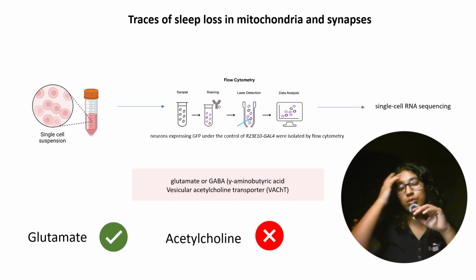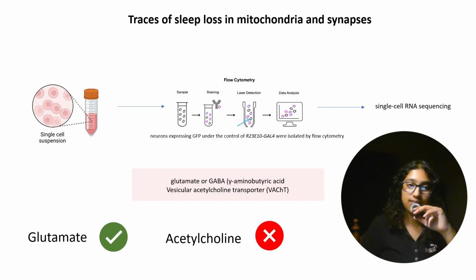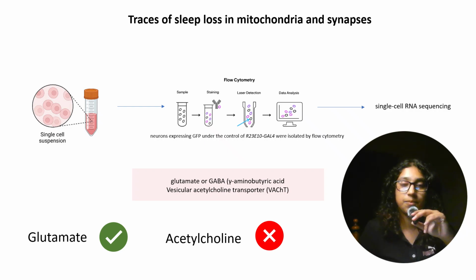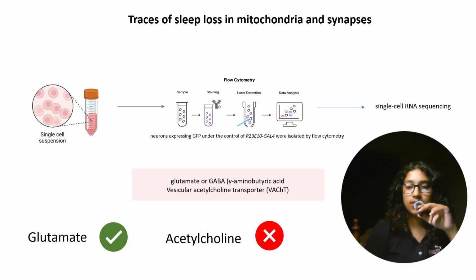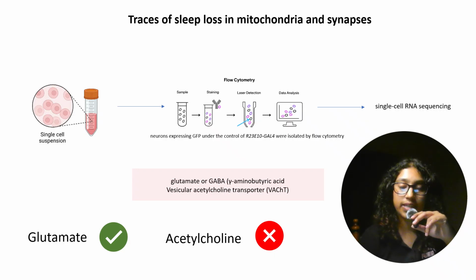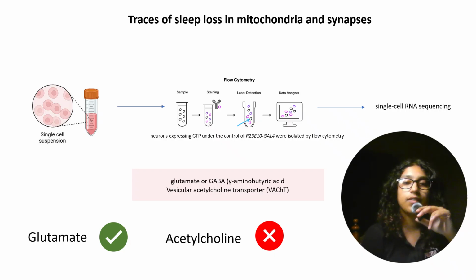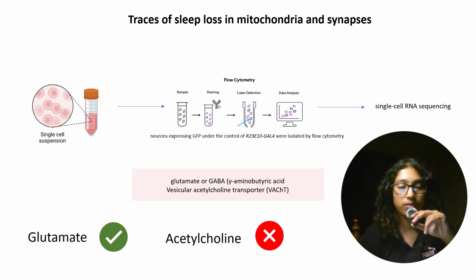Okay, so this is how they ran the study. They first did the single cell suspension, then it underwent flow cytometry and also single cell RNA sequencing. They also tagged a lot of these cells under differential control of GAL4 in this case, and they wanted to see the regions which were encoding proteins for these neurotransmitters, which is glutamate, also known as GABA, and the vesicular acetylcholine transporter.